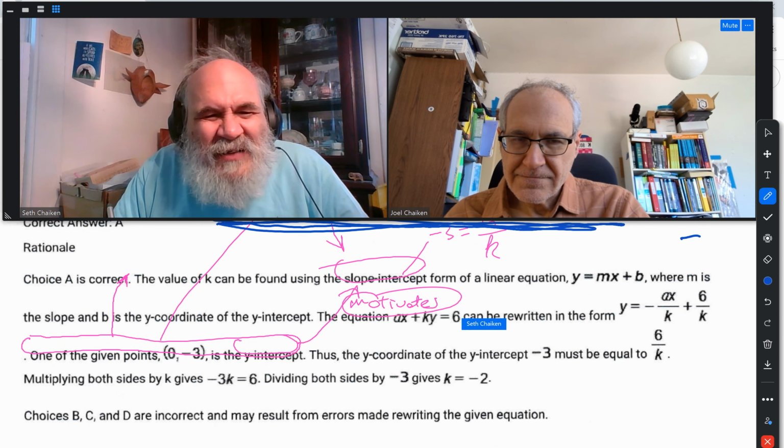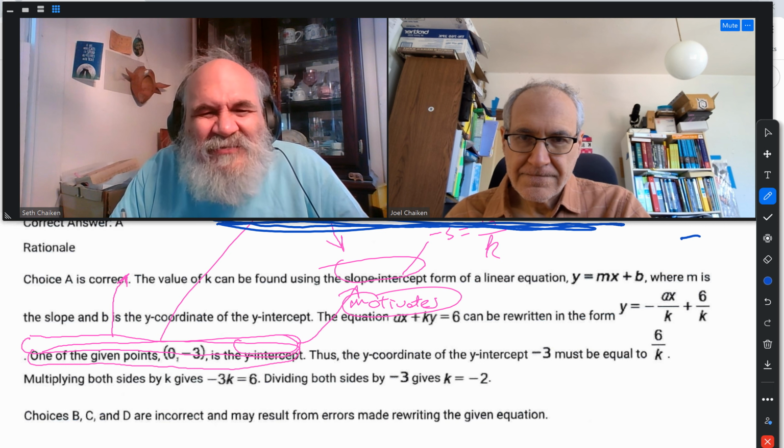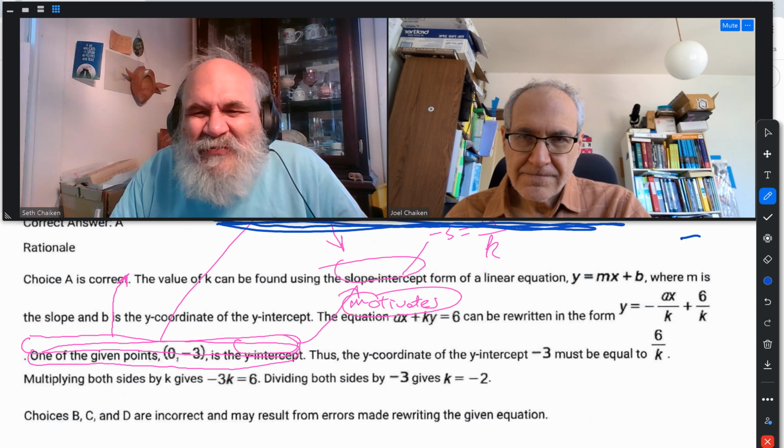So what they should have done is say choice A is correct, and then write: one of the two given points is the y-intercept. That's the second sentence. And then the third sentence: the value of k can be found using the slope-intercept form.